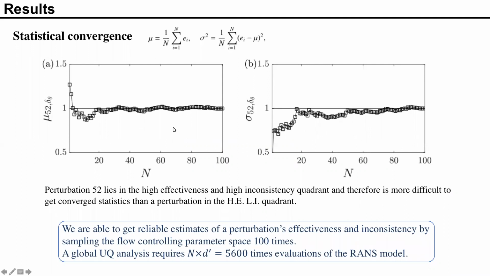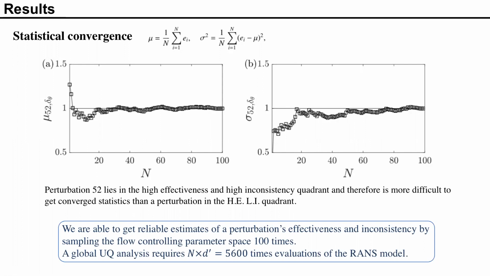Those two figures show the effectiveness and the inconsistency of perturbation 52 on the quantity of interest, which is the shear layer thickness. As we can see, we are able to get reliable estimates of a perturbation's effectiveness and inconsistency by sampling the flow controlling parameter space 100 times.